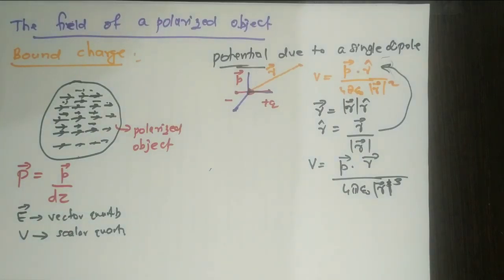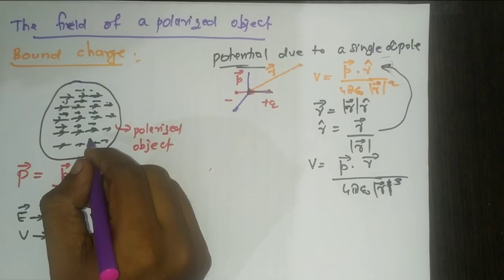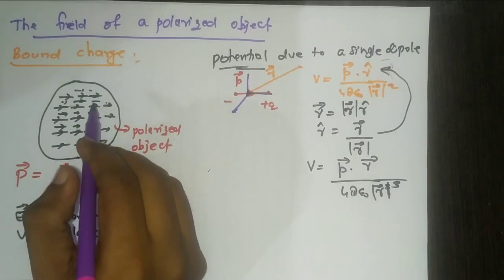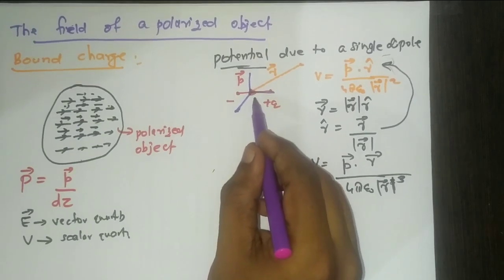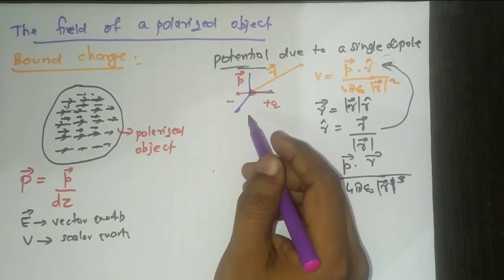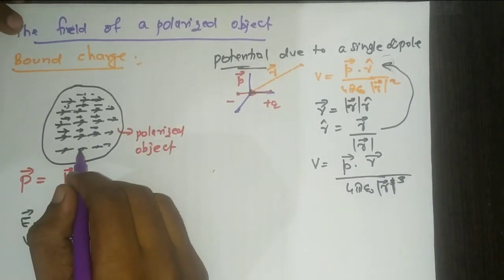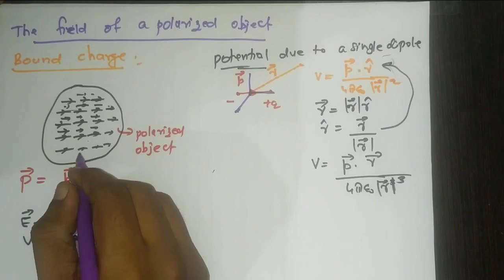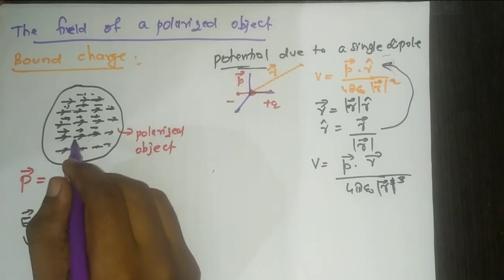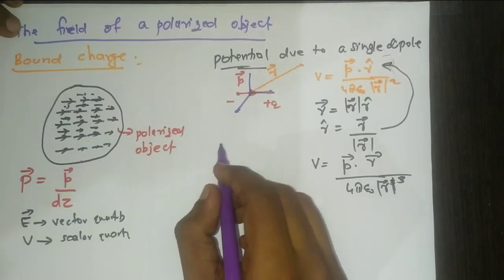Here the dipoles are a continuous distribution. Here the source point is not a single one. In such a case, in a polarized object, if we consider a single dipole, we have to calculate the potential due to that single dipole in the following way.